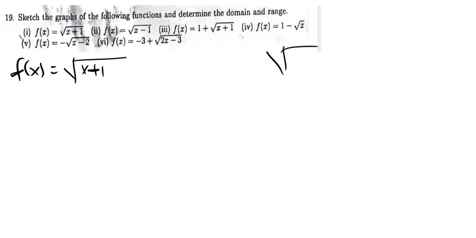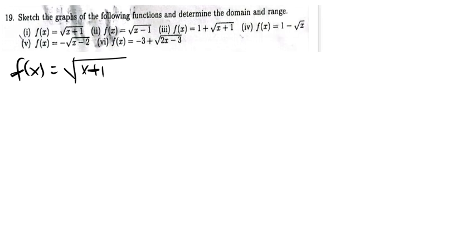So this is a radical function, and the first question we have been asked is to sketch it and find the domain and range. So how do we find the domain and range of a radical function? As long as a function has got a square root, that is a radical function.